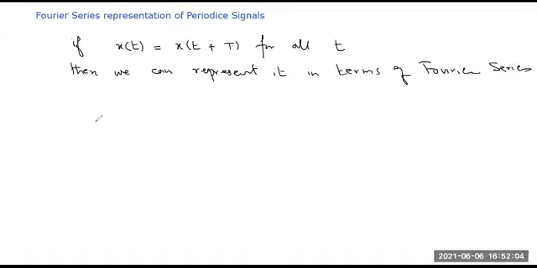And there are two equations that are part of Fourier series. So the first equation is x of t represented as summation over k from minus infinity to plus infinity, Fourier series coefficient a sub k times e to the power j k omega naught t.